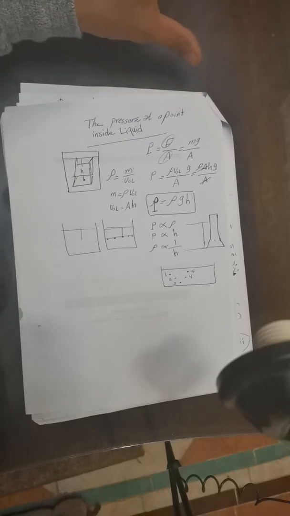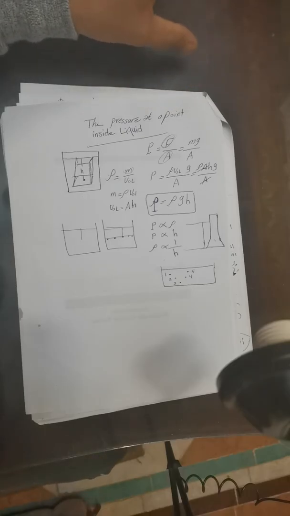The point with the largest pressure is 3, because it has the largest depth.